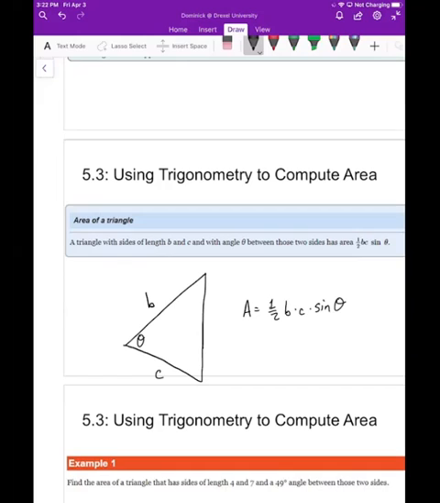This is almost similar to the regular formula for the area of a triangle, but in that case, you would need base times height, right? So it's a little bit like that sort of identity there.